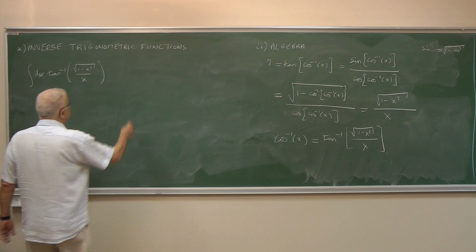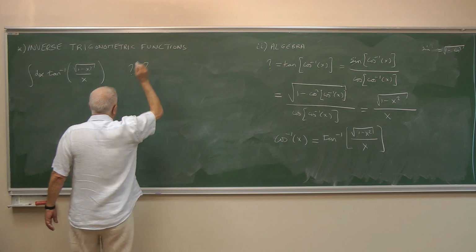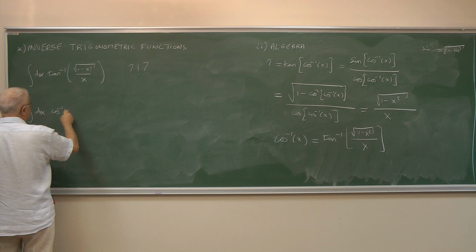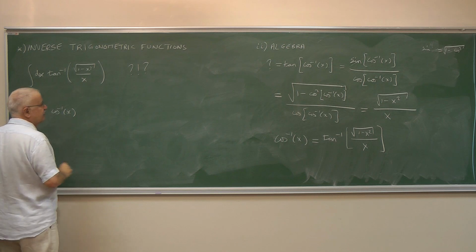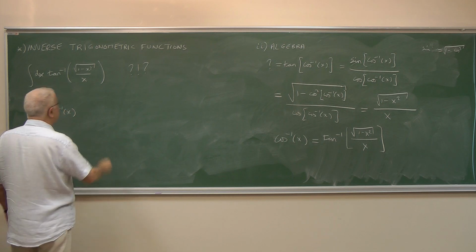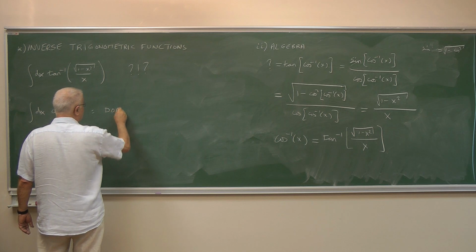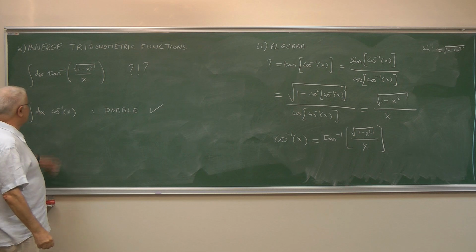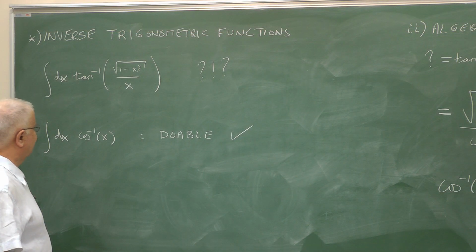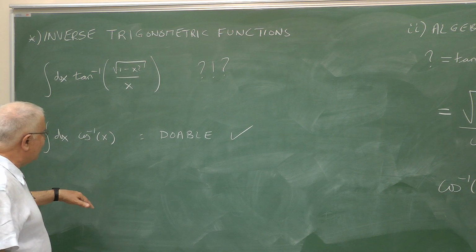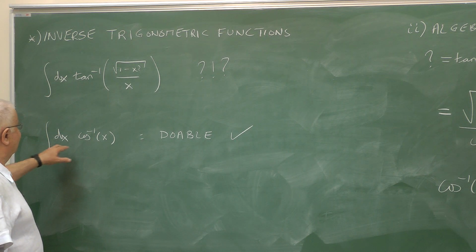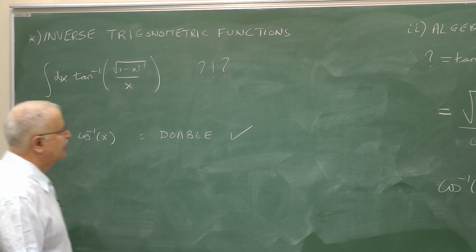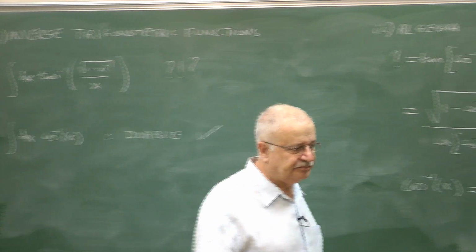But on the other hand, integral dx of cosine inverse x, which that thing equals, this is doable. Now you express inverse cosine as pi over 2 minus inverse sine x, and the integral of inverse sine x dx, you integrate by parts. Right, out comes the answer.